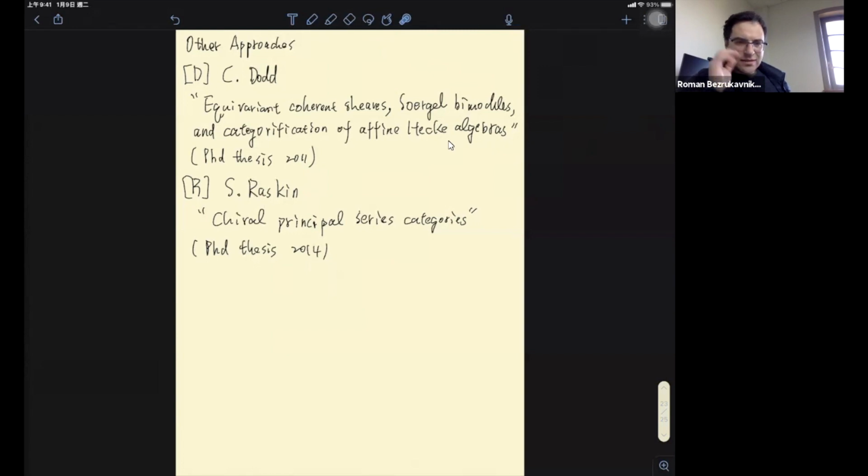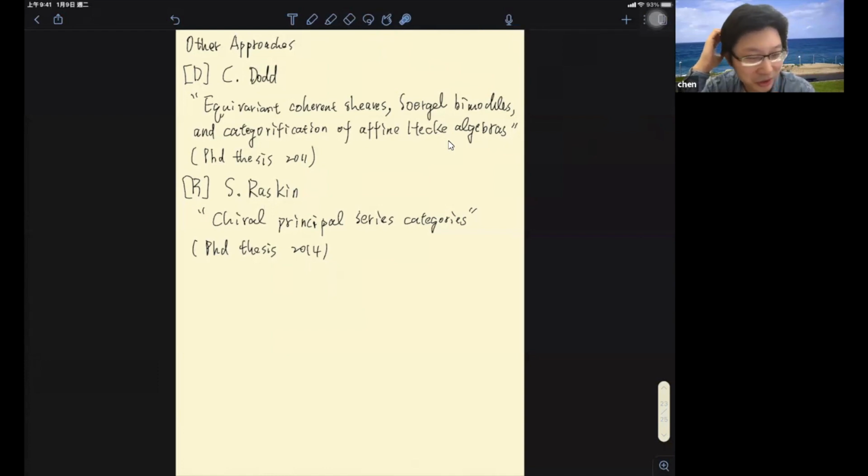Oh, I remember. So I shared some personal story. I told Jordi before. My first meeting with Roman, he gave me two reading homework. First is to read this book by Chris Ginsburg, on complex geometry and representation theory.